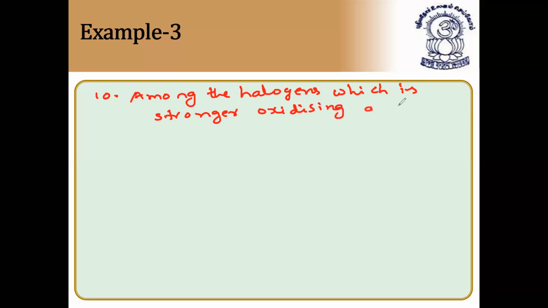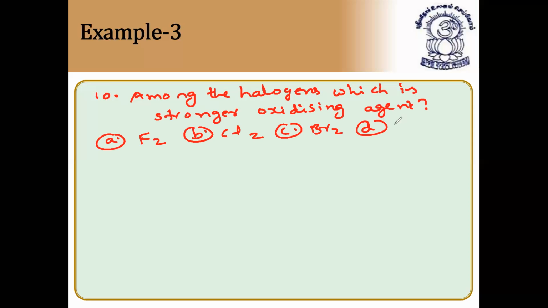Option A, fluorine. Option B, chlorine. Option C, bromine. And option D, iodine. So it is undoubtedly fluorine. Among halogens, the stronger oxidizing agent is fluorine. I hope it is clear.